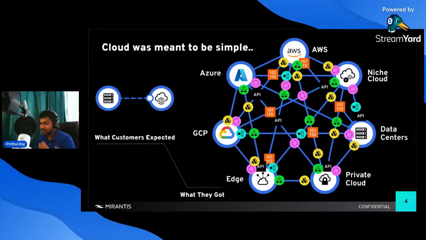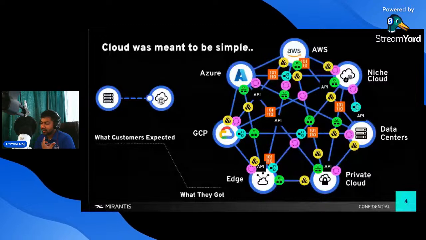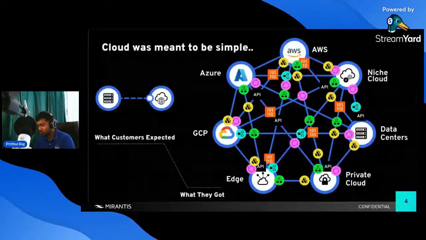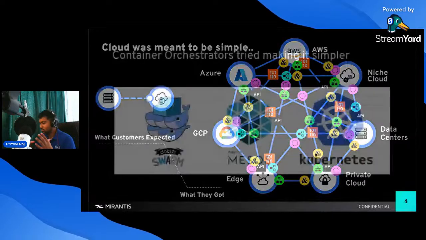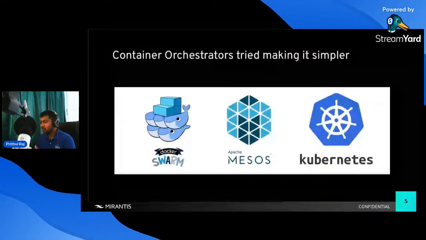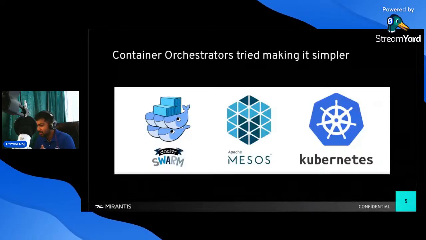We wanted to create container orchestrators. Initially there was Docker Swarm, and then Apache Mesos, and then Kubernetes was seen as the orchestrator of the future, where Kubernetes hoped to make things simpler.